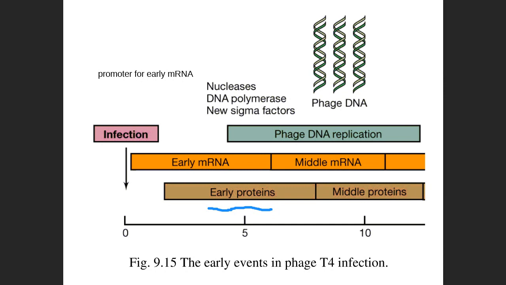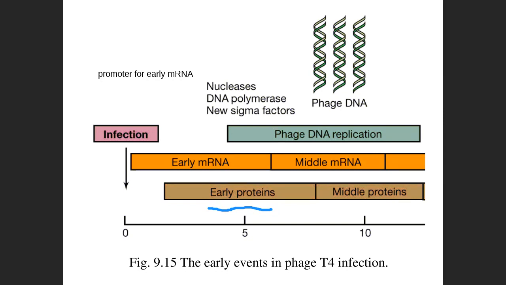And so the DNA polymerase then makes phage DNA. In addition, they also produce new sigma factors, because at this point what they want is really to transcribe phage-specific genes, right?